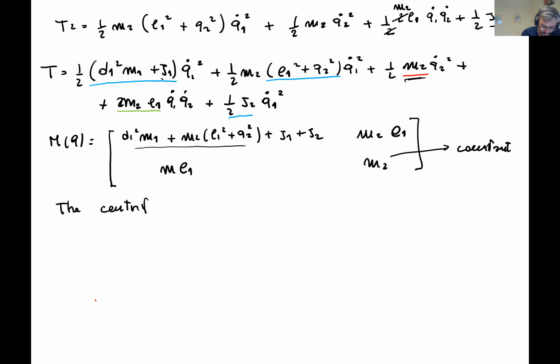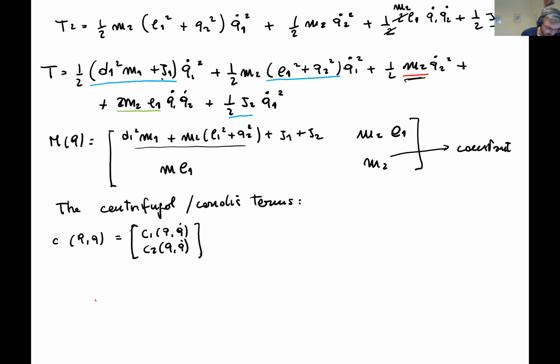Then for the centrifugal and Coriolis terms, we get that this is a bidimensional vector because you have a 2 degrees of freedom robot, first coordinate, second coordinate, and each coordinate can be computed thanks to the Christoffel symbols expression, which is this one with a little bar here this way.